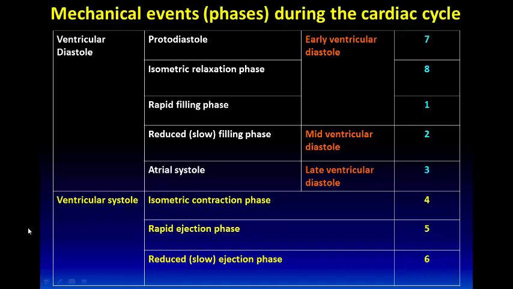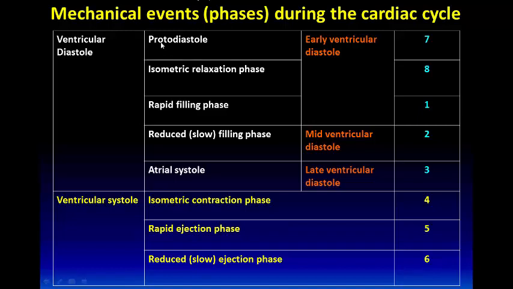Here we have a table which summarizes the mechanical events, the phases during the cardiac cycle. So we have the ventricular diastole and ventricular systole. The ventricular diastole itself is further subdivided into a number of phases.